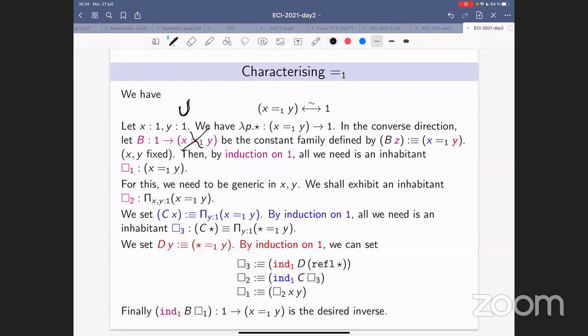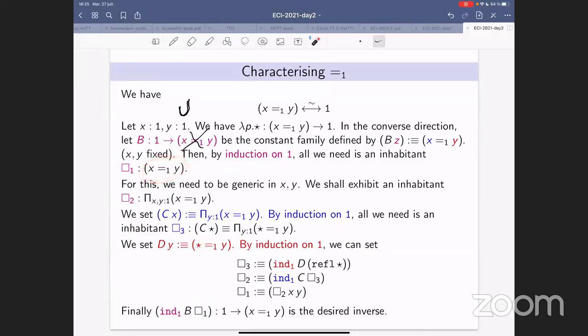So what we want now to do is to define a function from 1 to X equal Y. So by induction on 1, it's enough to find an inhabitant of this type because induction tells me that once I know the value on star, then I have the whole function. So my goal now is to establish that I have an inhabitant here.